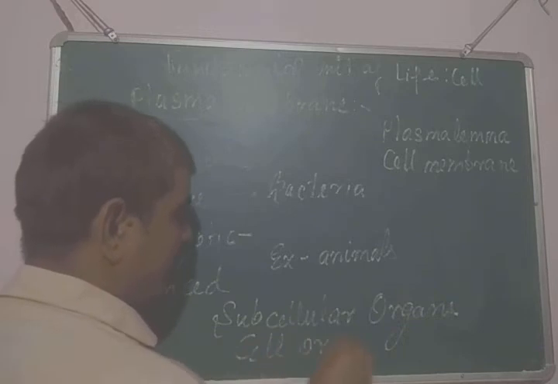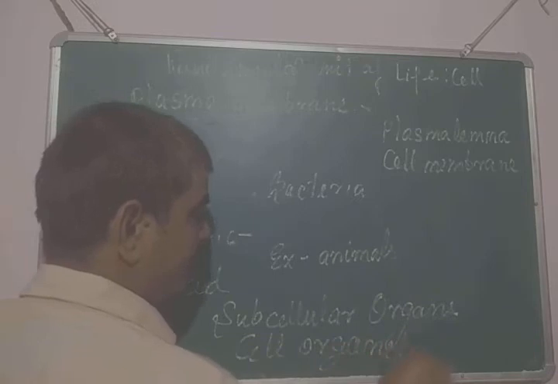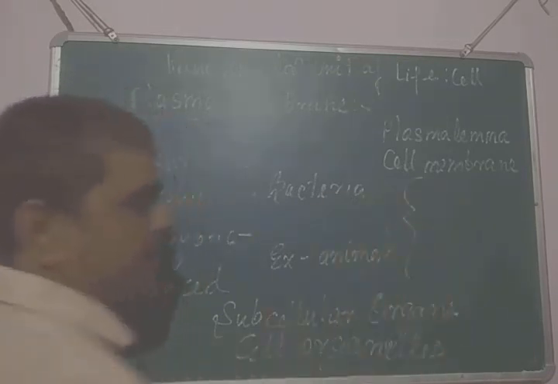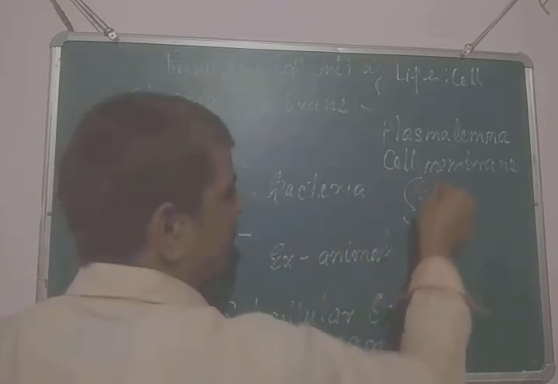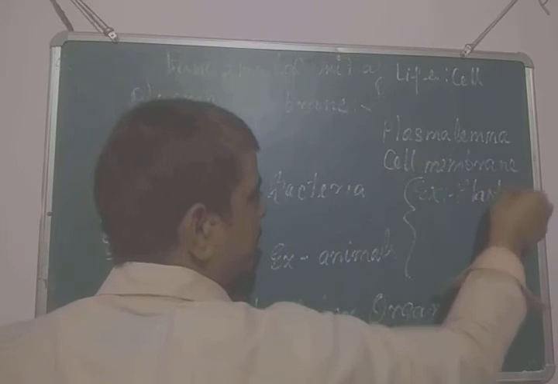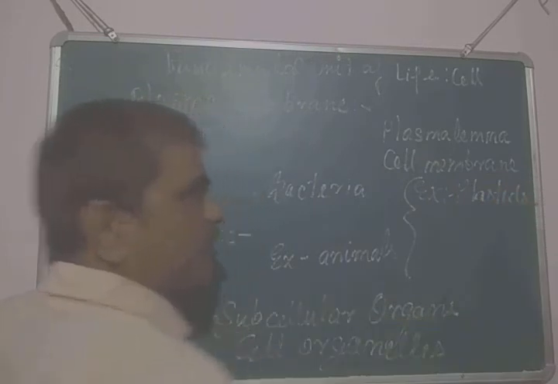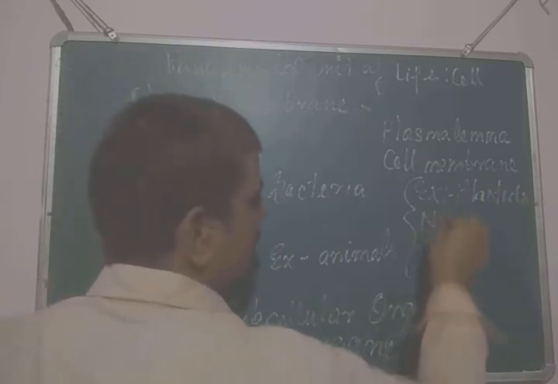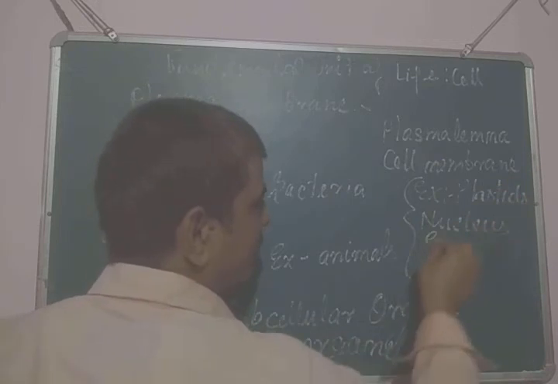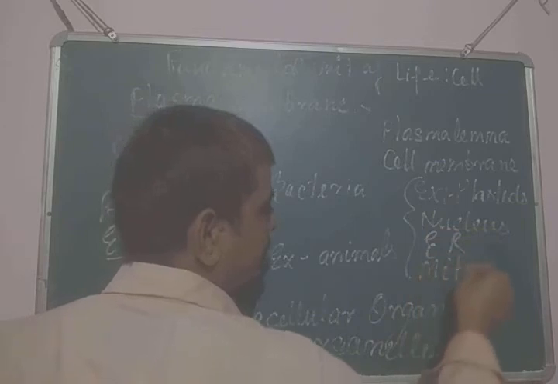Examples of cell organelles are plastids in plants, the nucleus, endoplasmic reticulum, and mitochondria.